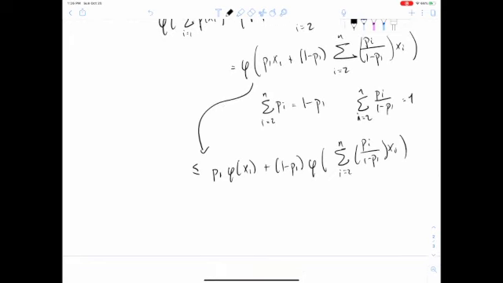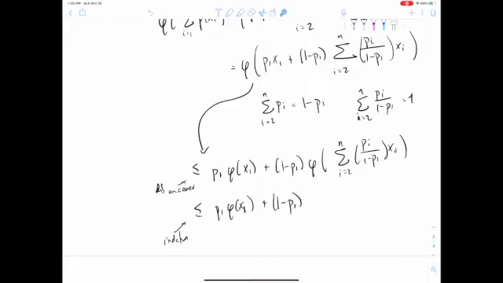And this is then, by the definition of convex, and then by induction, I can kind of pull apart that second expression.